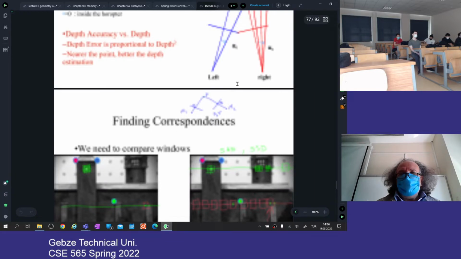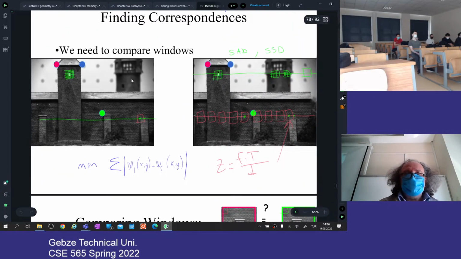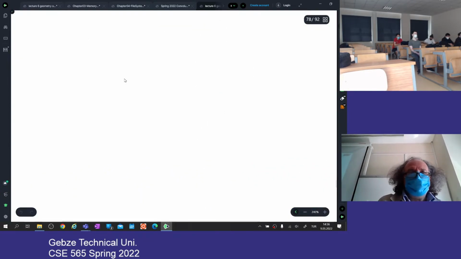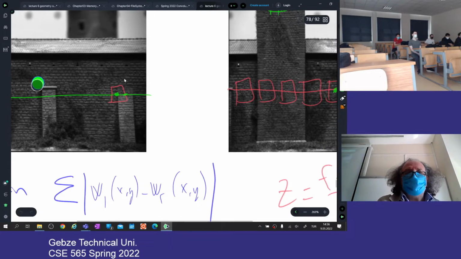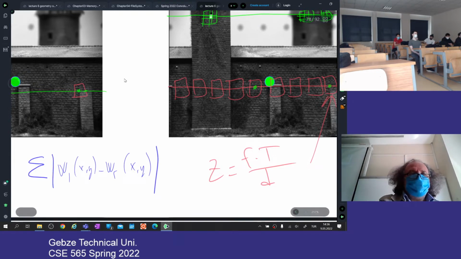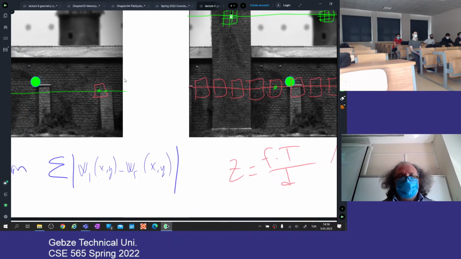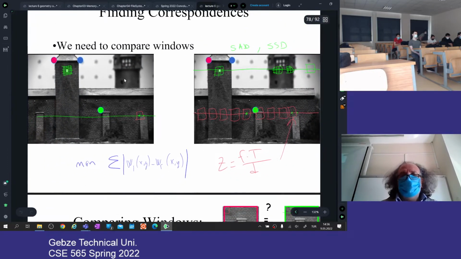We said that basically the correspondence problem is seeing which part of the other image corresponds to this part of the image, finding the corresponding part of it in the other image. Or I can ask the same question: given this point, what is the corresponding point in the other image? So if you solve this problem, you are solving the correspondence problem.